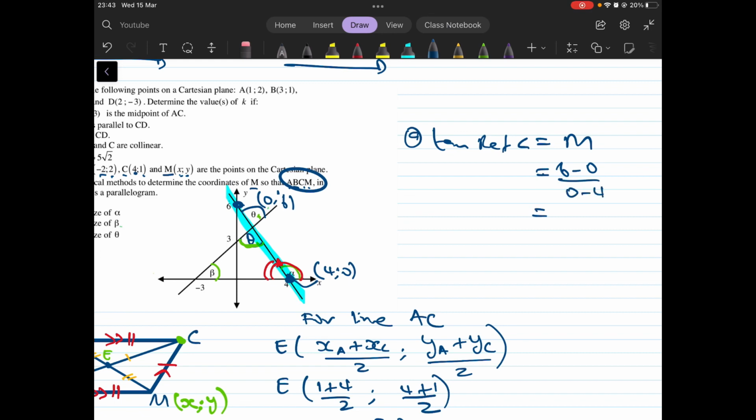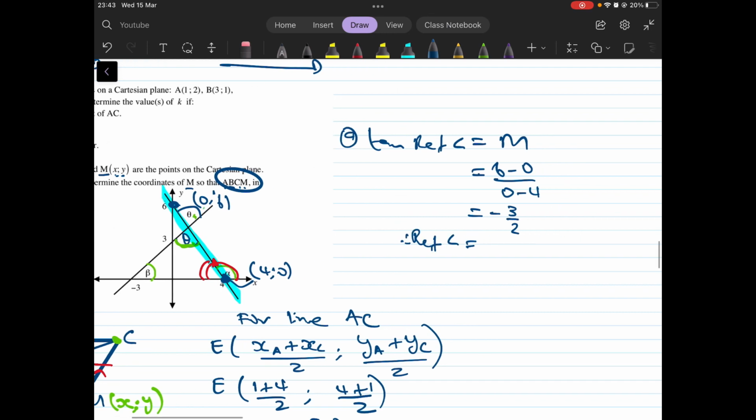We get negative 6 over 4, that's negative 3 over 2. That is the tan of the reference angle. Therefore the reference angle is arctan of negative 3 over 2.